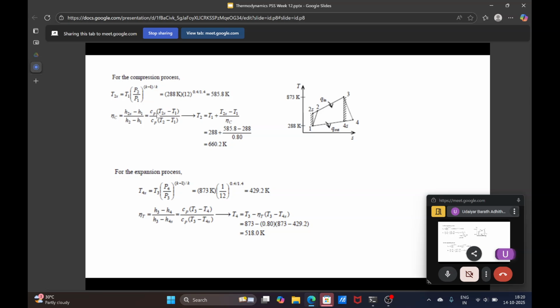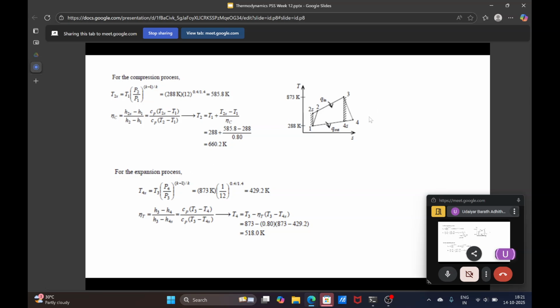So we get the isentropic efficiency written in terms of temperature. Rearranging, we get T2 equals T1 plus T2s minus T1 divided by the isentropic efficiency of the compressor. We have already found T2s, which is 585.8, and substituting the inlet temperature, we get T2 to be 660.2 Kelvin. That is the temperature at the outlet of the compression process.